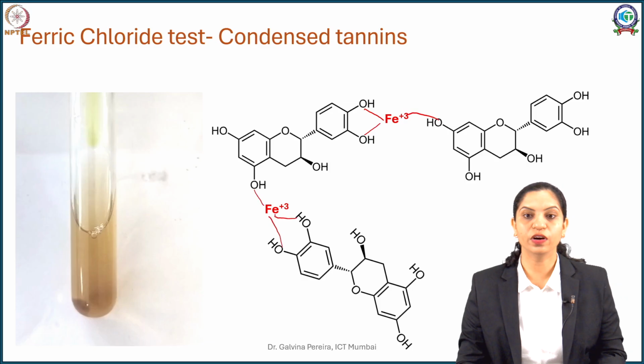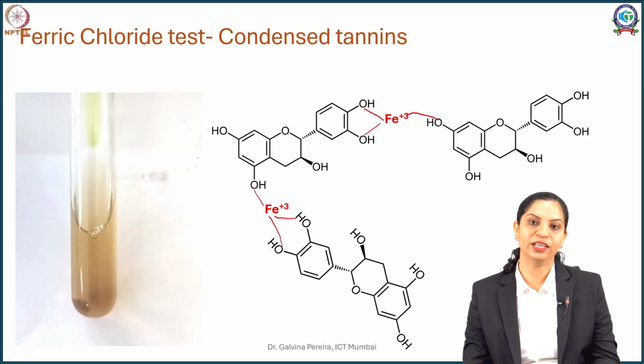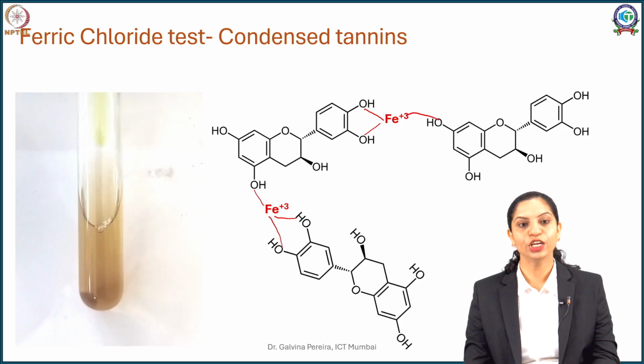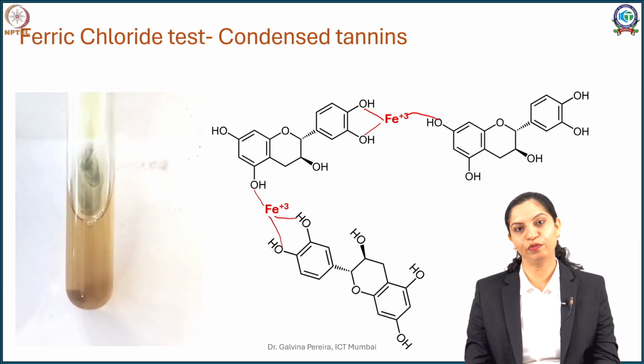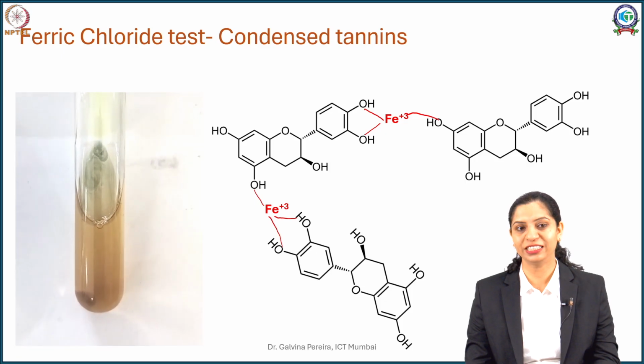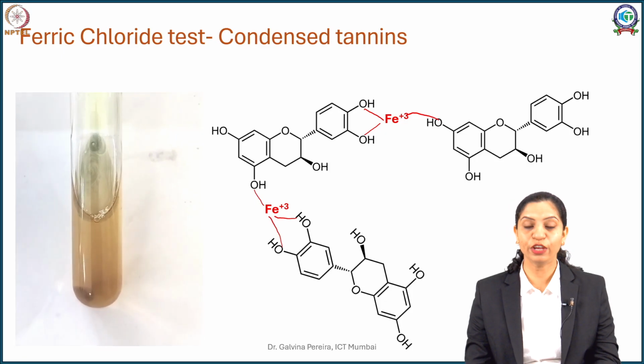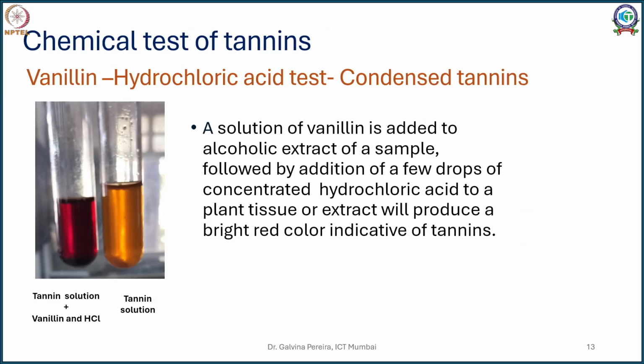Now because of the bulkiness and resonance of this kind of structures, instead of a blue coloration, you will get a green coloration being formed. So you can see here at the interface, as compared to your hydrolyzable tannins, condensed tannins give you a green color complex.